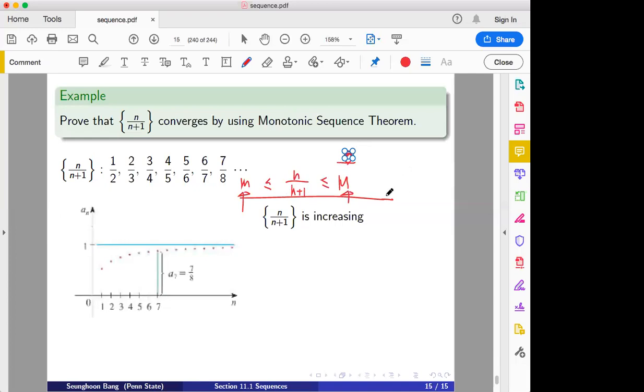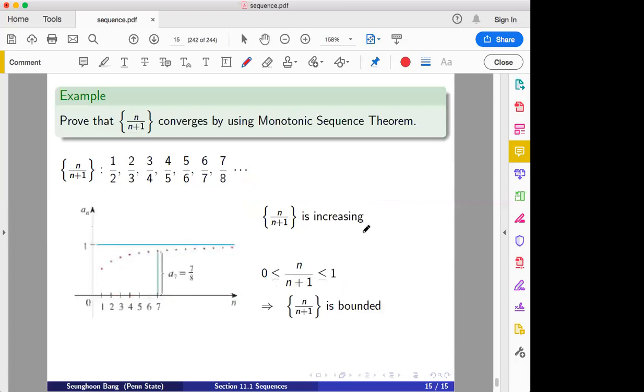Yes. Here, 1 is the maximum. This value is always less than or equal to 1. Also, it is always positive, greater than 0, so it is between 0 and 1. So this is exactly bounded. So n over n plus 1 is bounded.